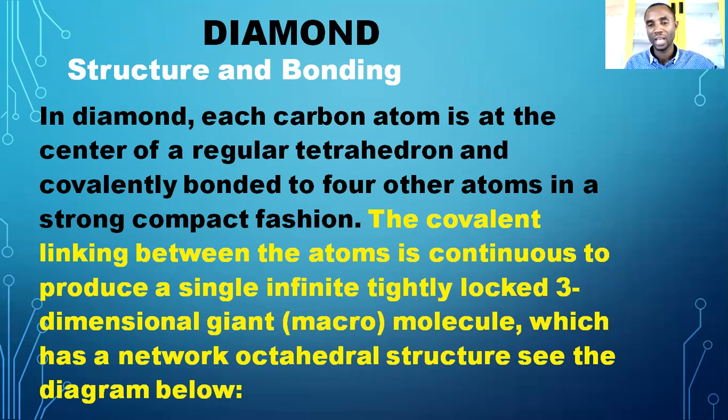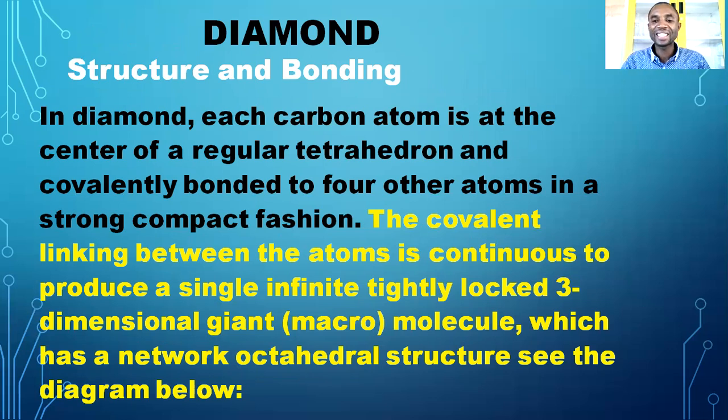The structure and the bonding: in diamond, each carbon atom is at the center of a regular tetrahedron and covalently bonded to 4 other atoms in a strong, compact fashion.